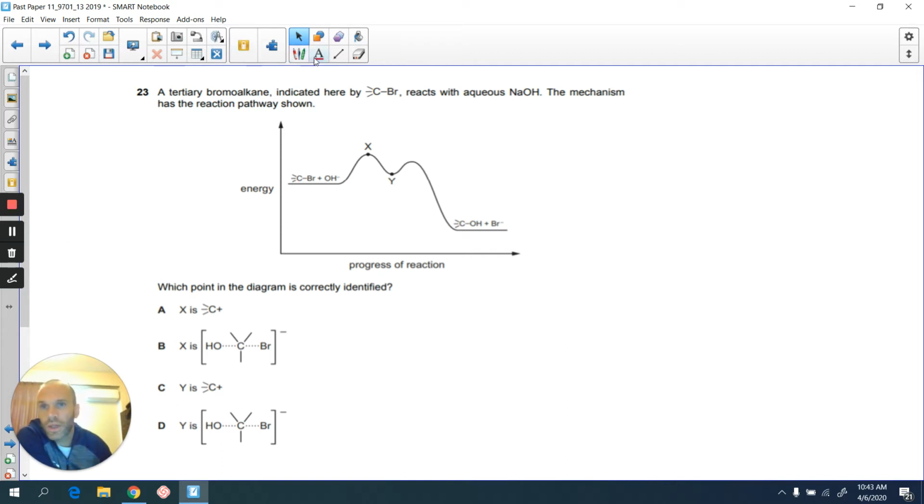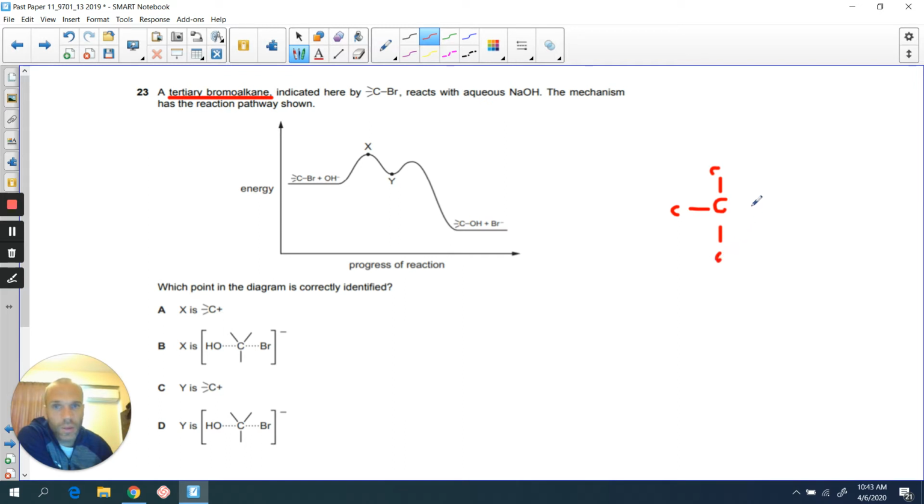Now, first of all, let's look at background information here. We're talking about a tertiary bromoalkane. Remember, tertiary effectively means that the carbon that's connected to the halogen there, the bromine, has three carbons attached to it. Okay, that's what tertiary means.